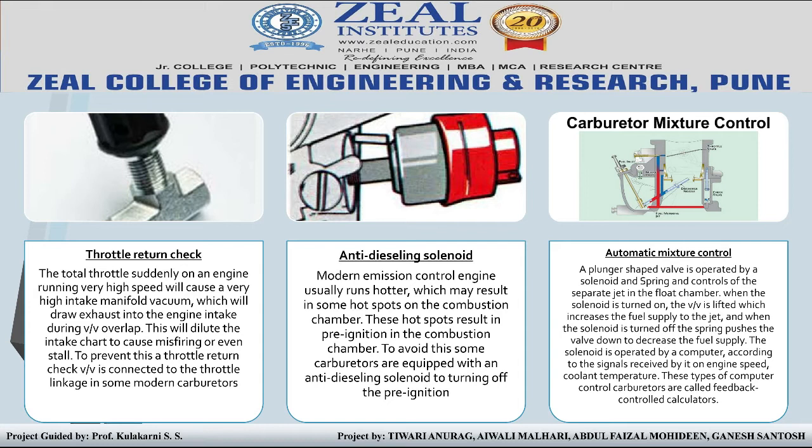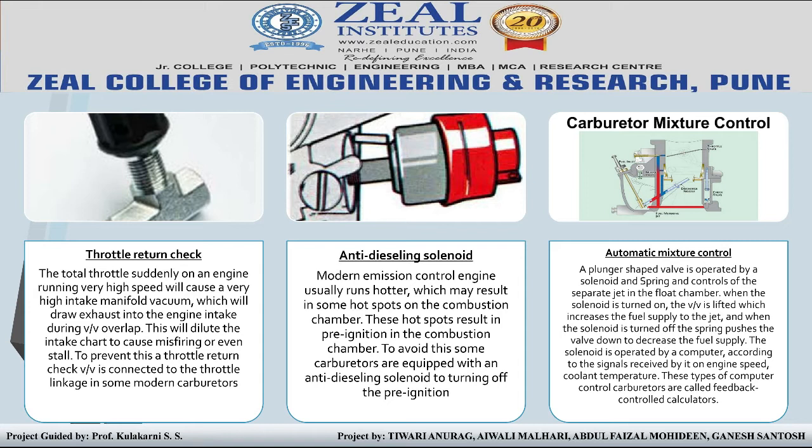To prevent this, a throttle return check valve is connected to the throttle linkage in some modern carburetors. Anti-dieseling solenoid. Modern emission control engines usually run hotter, which may result in some hot spots in the combustion chamber. To avoid this, some carburetors are equipped with an anti-dieseling solenoid to turn off the pre-ignition.